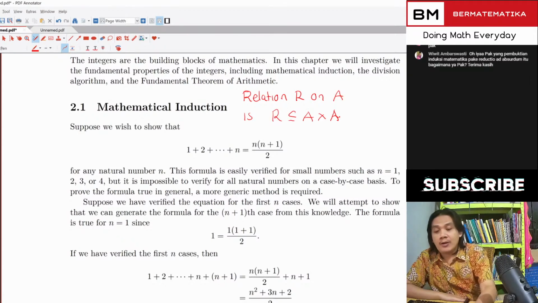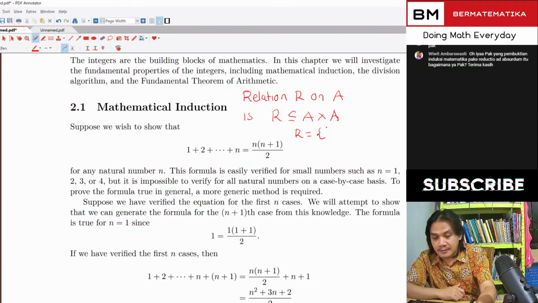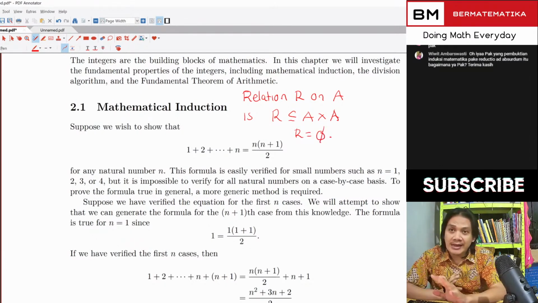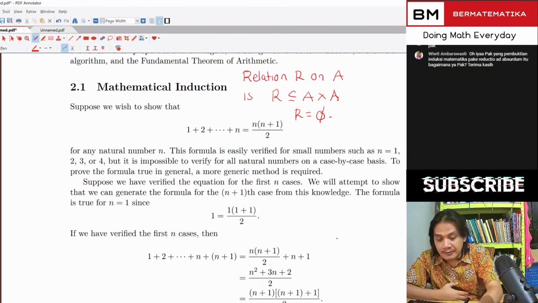So actually, when we take R to be an empty set, it is an okay example because we can check that this empty set satisfies the transitivity and the symmetric property, but not the reflexivity. But actually we can take a simpler example.